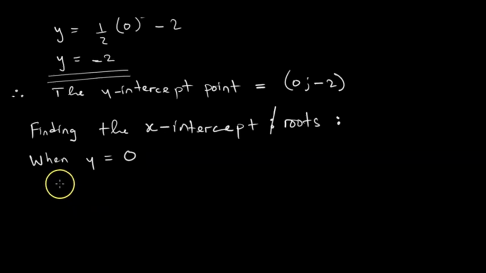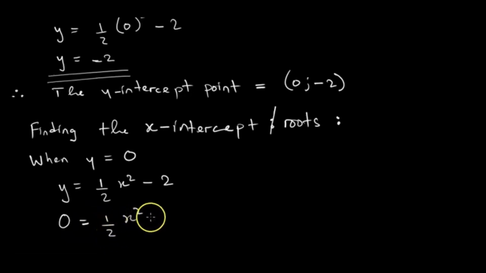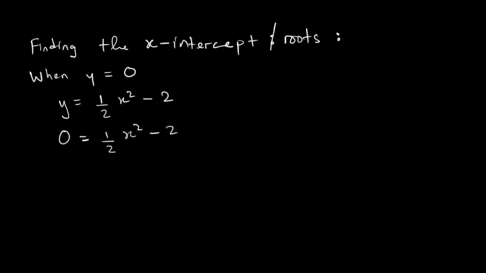We write down our equation, y is equal to half of x squared minus 2. We need y being equal to 0. So here, replacing y with 0, 0 is equal to half of x squared minus 2.